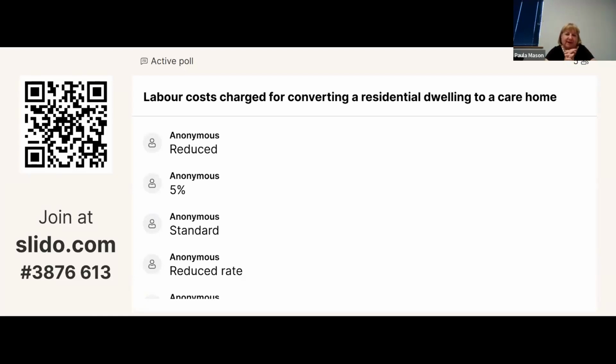That is the case for this. There are quite a few complicated rules in relation to construction, which I won't go into in this webinar, but the labour costs and the applicable, qualifying building materials would all be at reduced rate in that case.